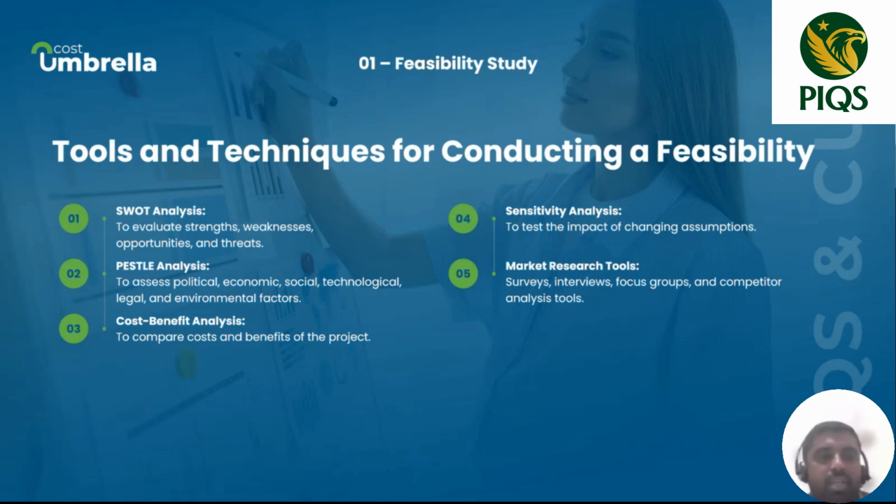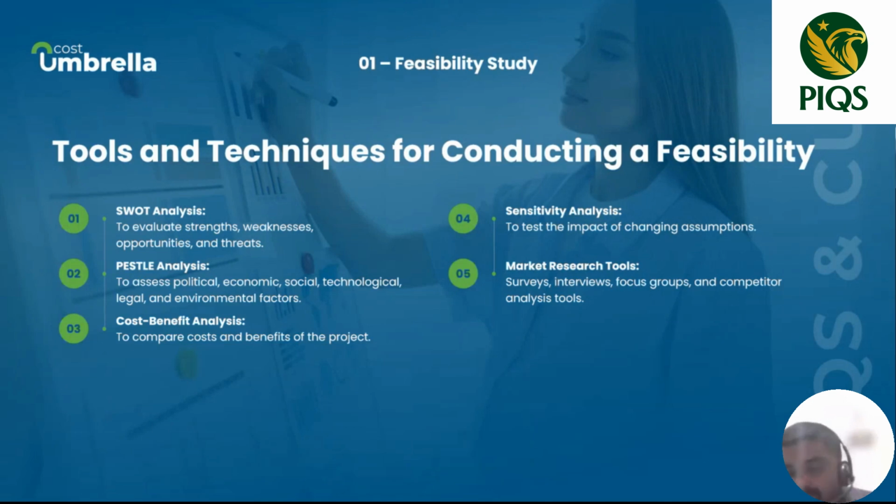These are very famous feasibility tools. SWOT analysis, where you analyze the strengths, weaknesses, opportunities, and threats. PESTLE analysis: political, environmental, social, technical, legal, and economical aspects. Sensitivity analysis means you're changing variables, like if you're coming, if you're not coming. Market research tools and cost benefit analysis.